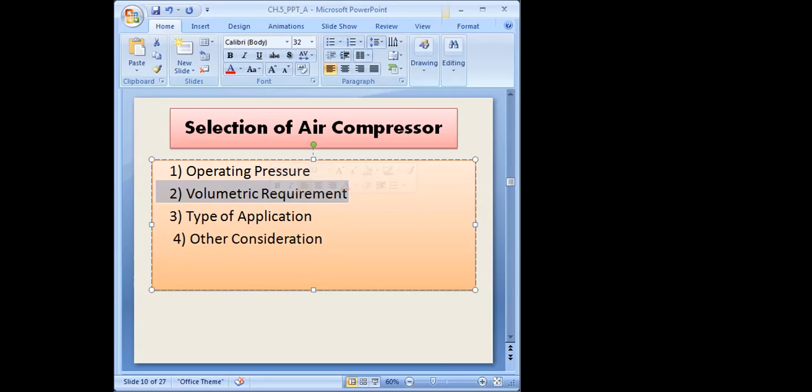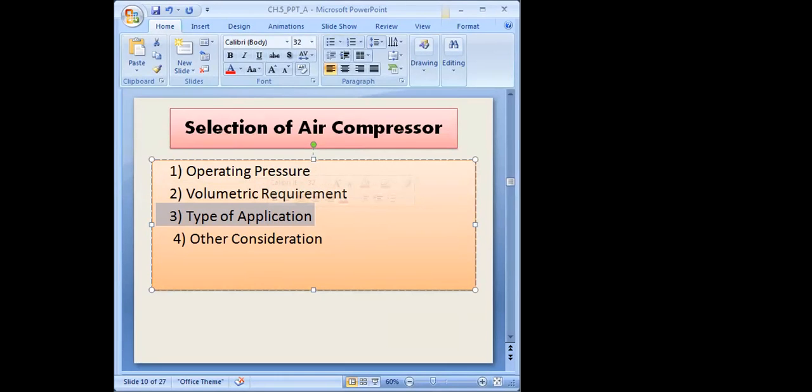So keeping the expansion of your plant in mind, you have to select the air compressor. Getting it? So this is the second criterion, or factor, to be considered while selecting an air compressor. And then the third is the type of application.